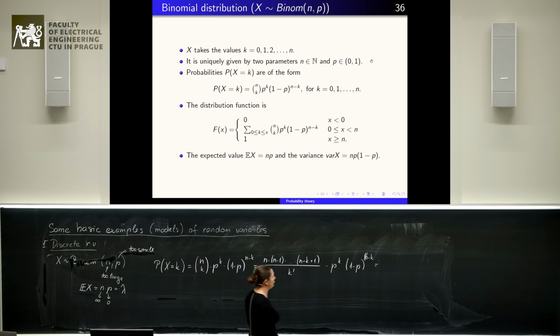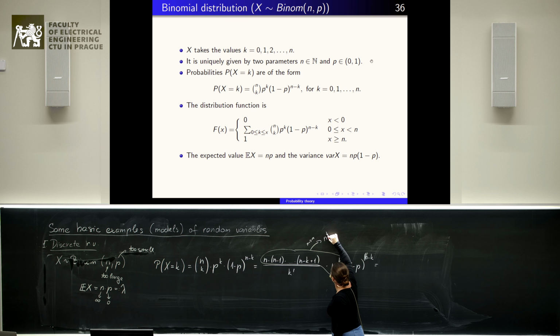Then this product, when n goes to infinity, goes to n powered by k times p powered by k, which is lambda powered by k.